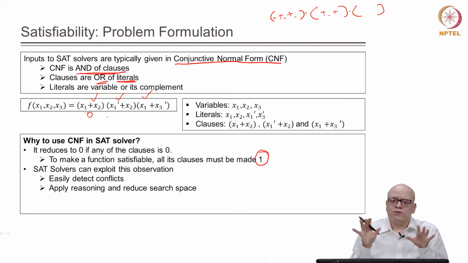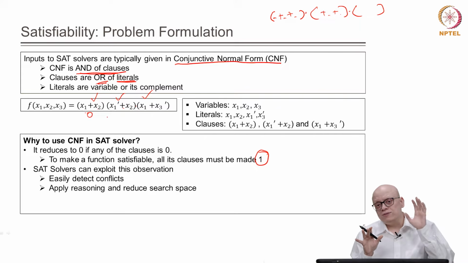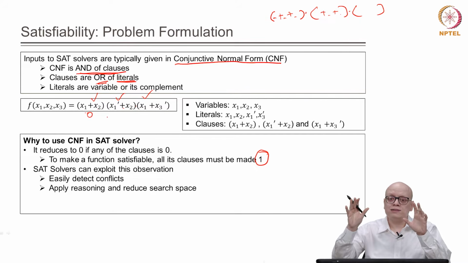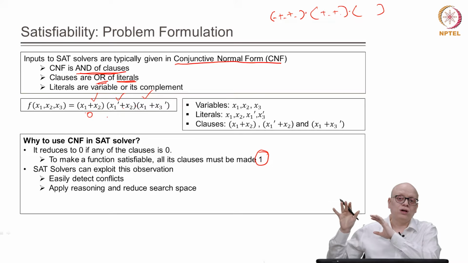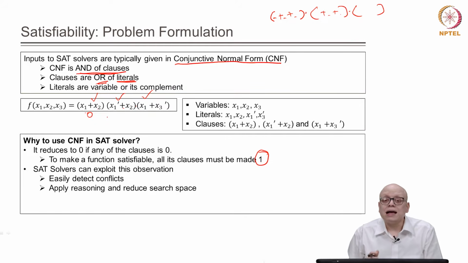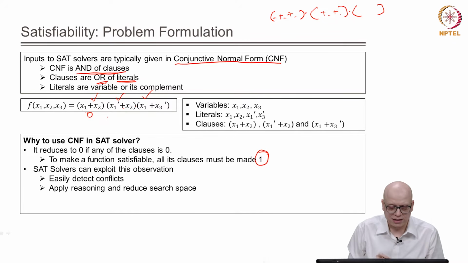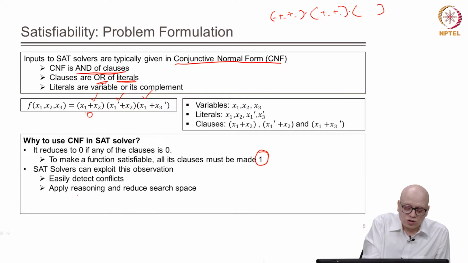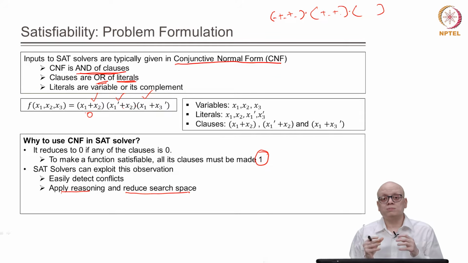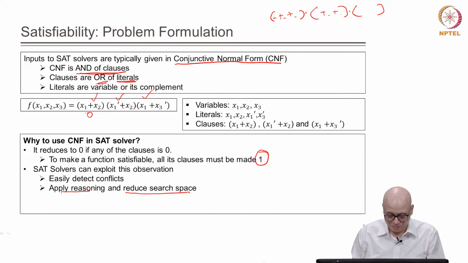Those kinds of conflicting requirements, that if this variable takes this and this variable takes this, the third cannot take this, those kinds of deductions can be done very easily by a SAT solver if a function is represented in a CNF representation. Based on it, the SAT solver can apply reasoning and reduce the search space and find a solution, meaning determine whether a function is SAT or unsat in an efficient manner.